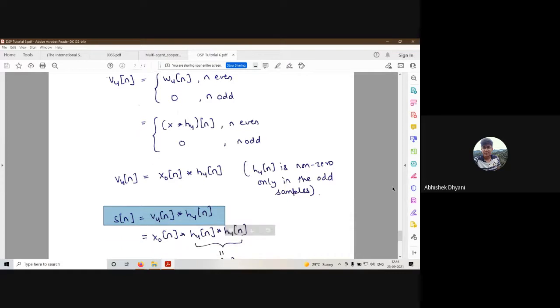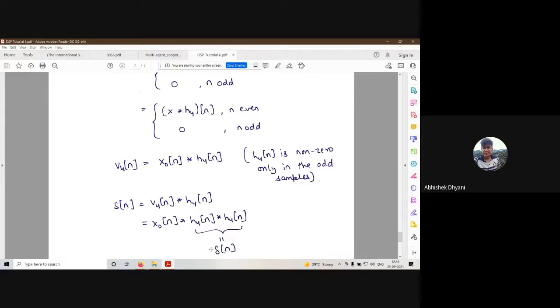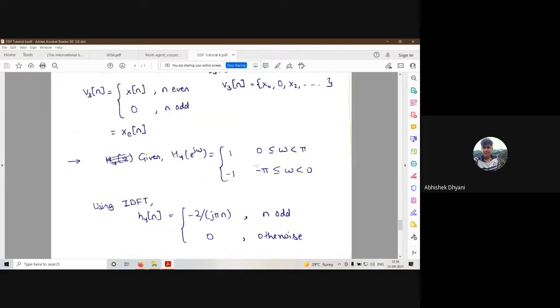And V4n is nothing but this term. So when I write it here, we get H4n convolution with H4n because one comes from here, right? And we know that this is simply delta of n, which we had originally noted from here.